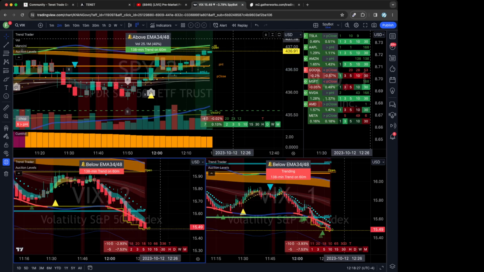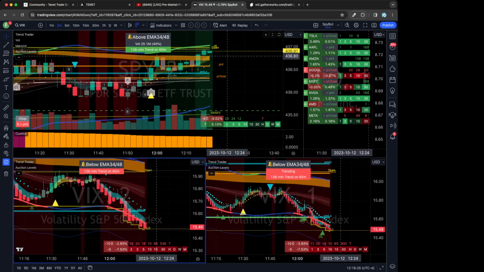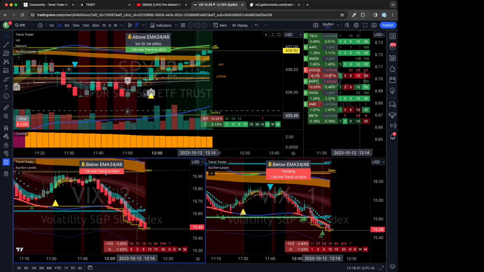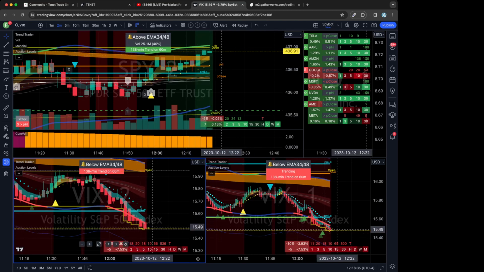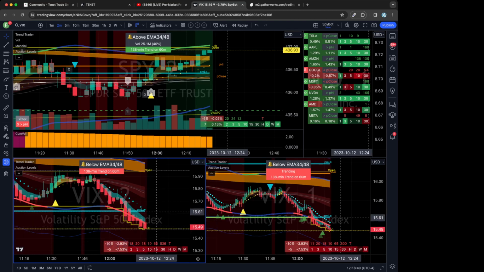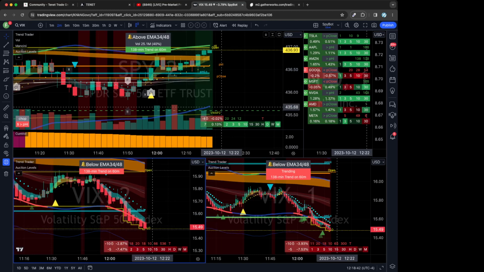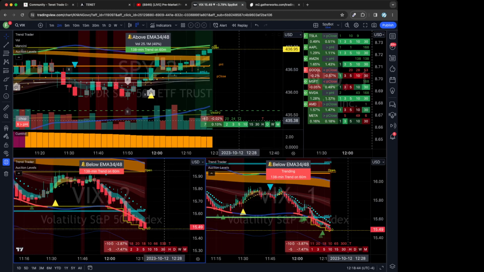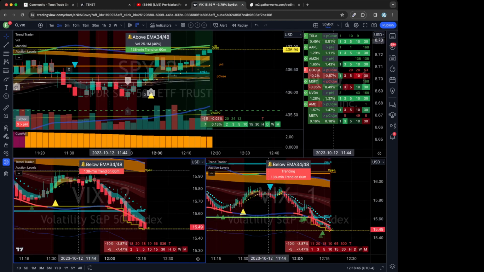Now you have to wait for it to come back and retest. But if VIX stays below this lower band, then you might see a nice sustained move to the upside. Okay, so hopefully that helps.